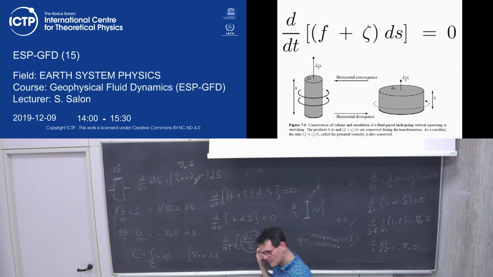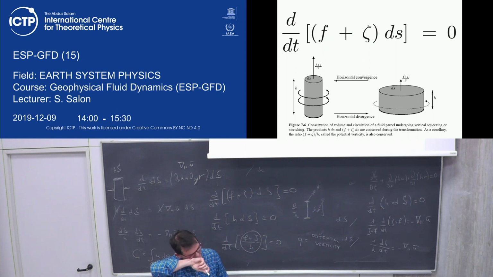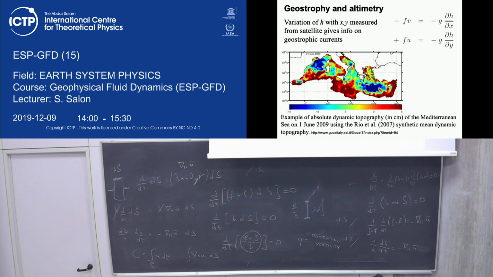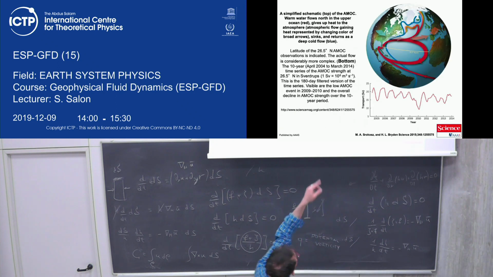So the conservation of potential vorticity is at the basis of one of the most famous models which explain the Atlantic circulation, the Atlantic gyre, like we have seen in this picture.